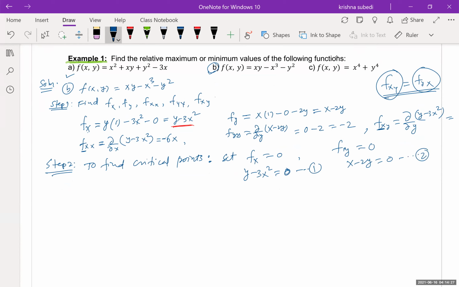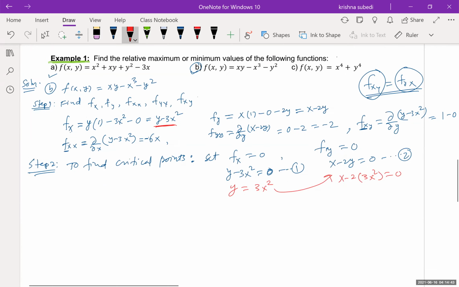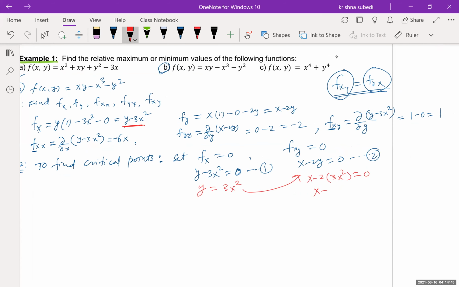You already know how to solve these equations from high school. One of the easiest methods would be, maybe I'll write y equals 3x squared, and I'll substitute that value there. I'll get x minus 2 times 3x squared equals 0, so x minus 6x squared equals 0.